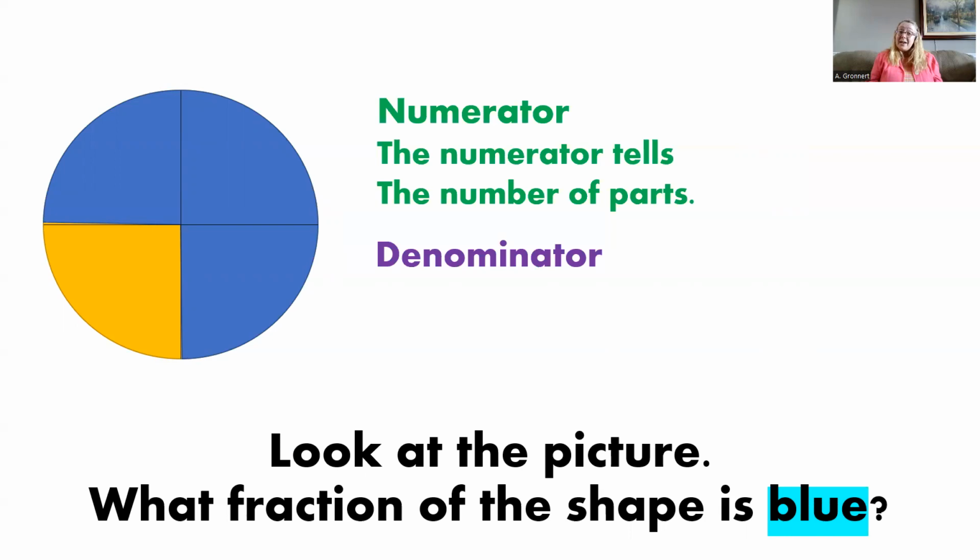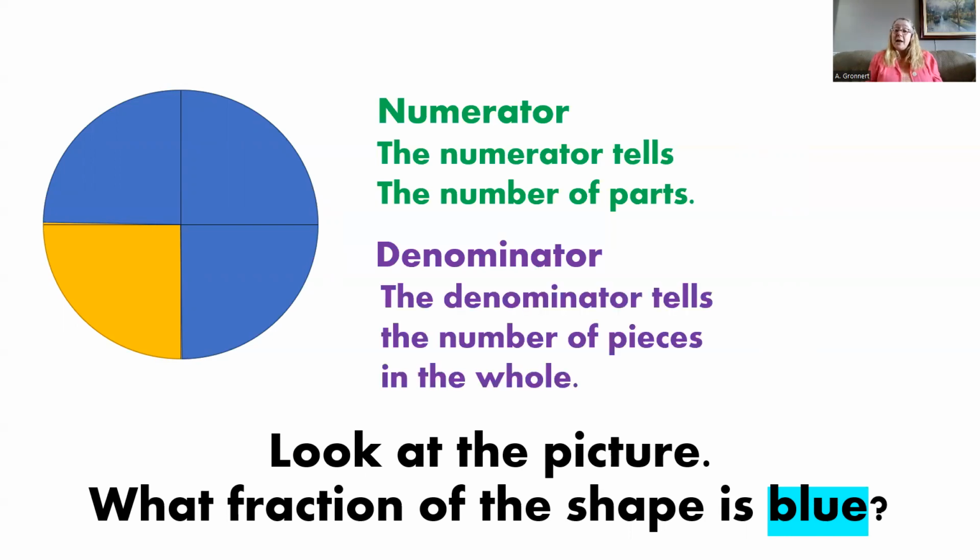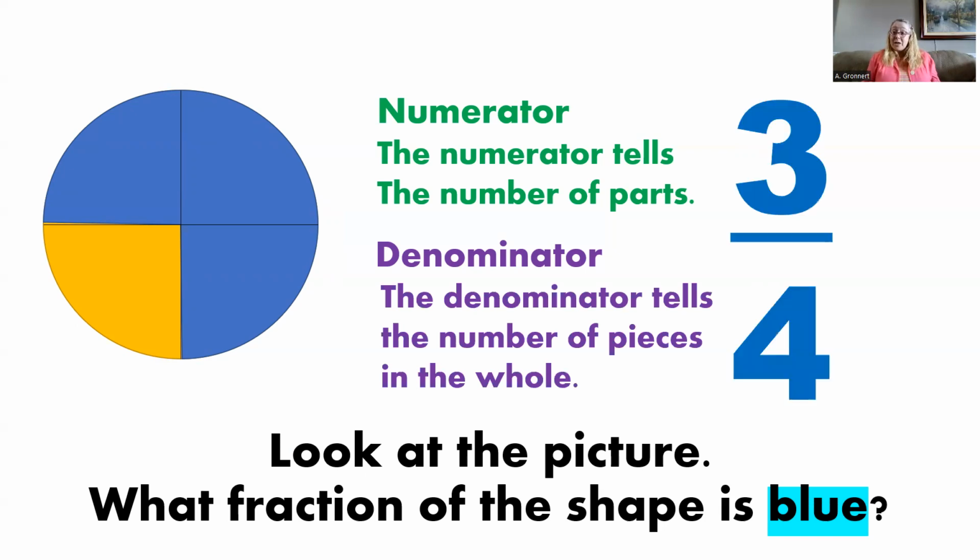And the denominator tells the number of pieces in the whole. How many pieces are in the whole? Okay, so how many parts are blue? And how many pieces in the whole? Did you get 3/4? If you did, you're right. 3/4 of the circle are colored blue.